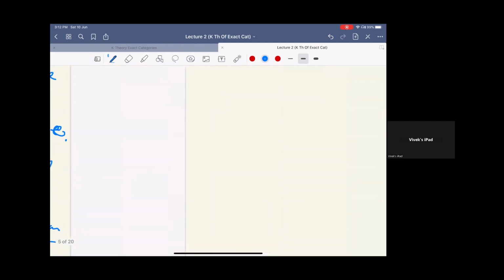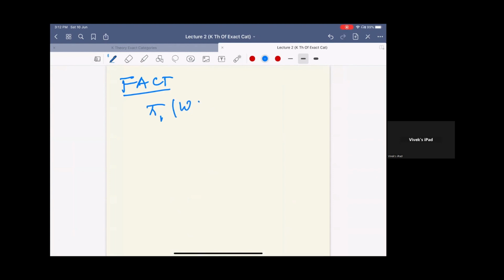So then, if you consider the pi one of the geometric realization, then this is canonically isomorphic to K0 of C. Okay.